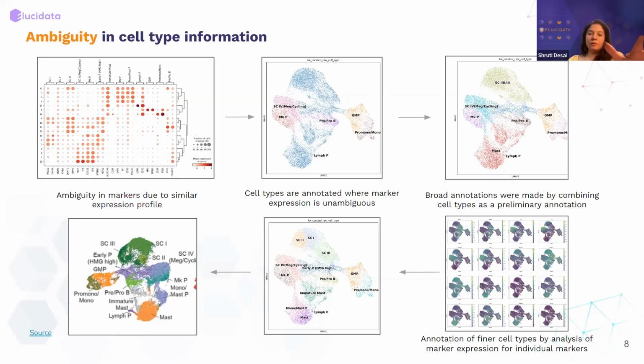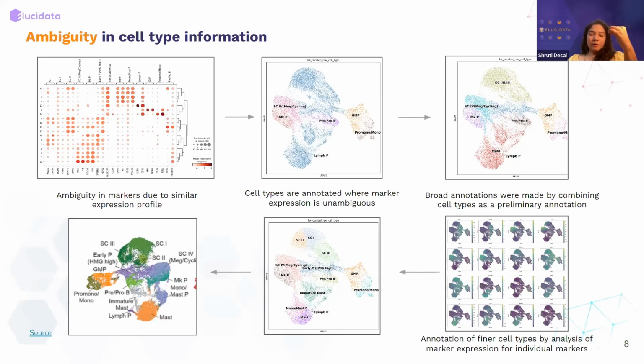First, we annotate the cells and the clusters that are free of ambiguity, like the GMPs and the monocytes that we see here in the top middle figure. Then we assign placeholders for the rest of the cells, which are generally the cell types with a one level up, or a global or broader, classification level.